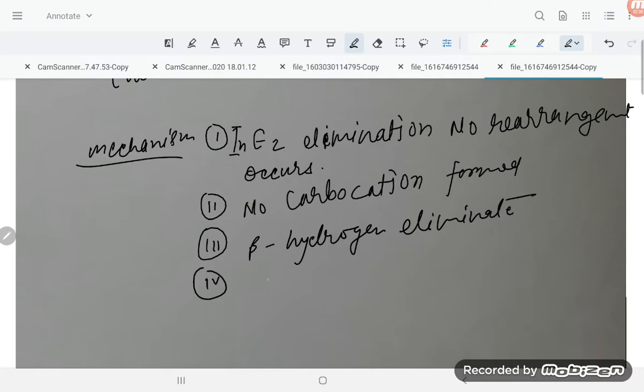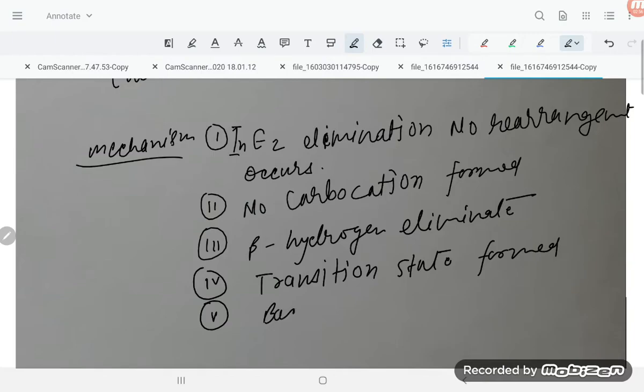Fourth point, transition state forms. One more very important point in the transition state: backside attack takes place.